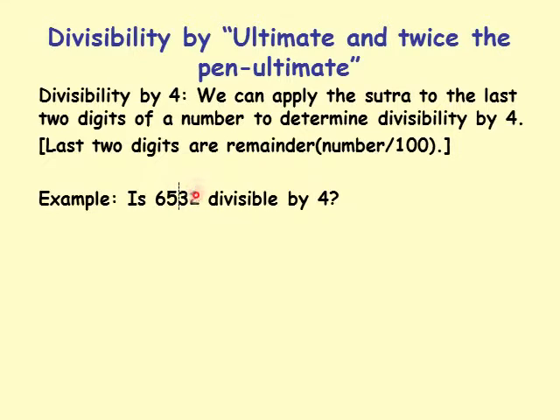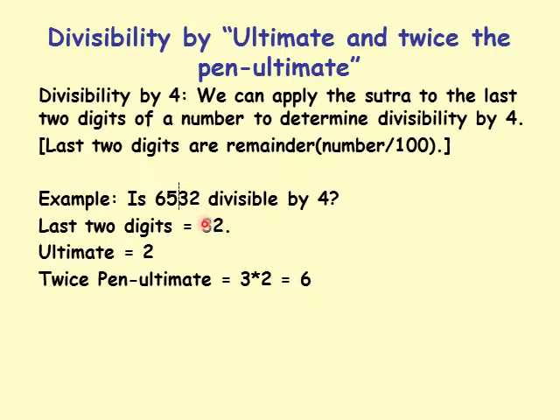But let's see how we use the sutra now. The last two digits are 3, 2. The rightmost is the ultimate. The penultimate is the one before that. So the ultimate is the last digit, 2, and twice the penultimate, twice 3, is 6.